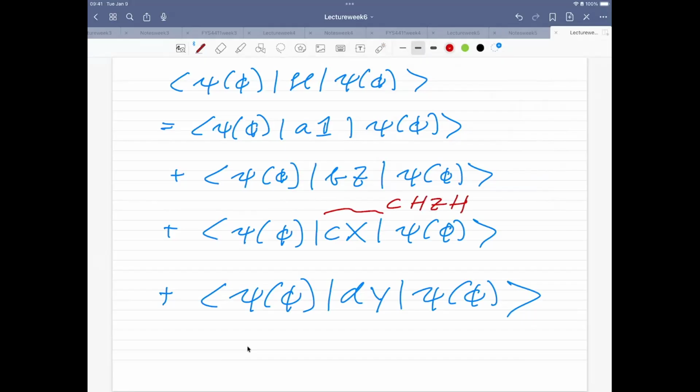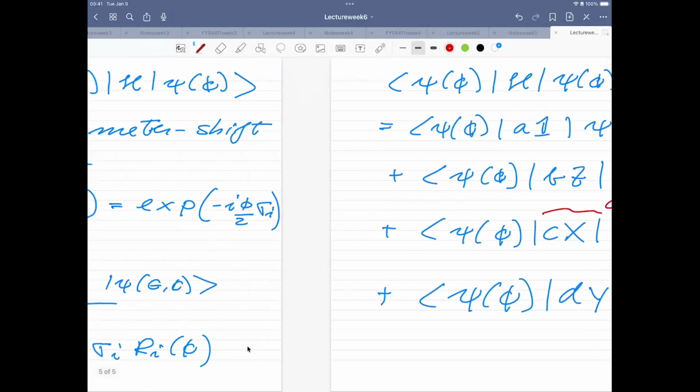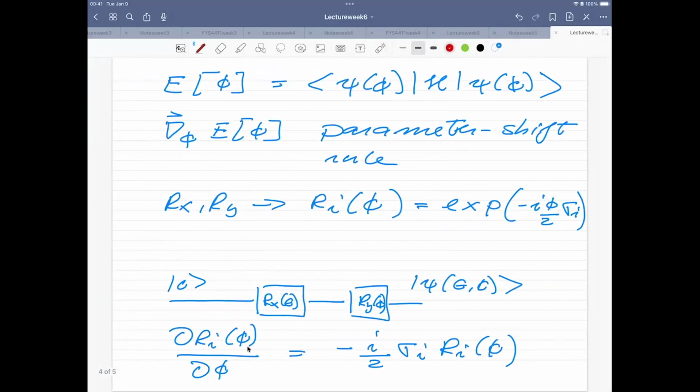So what happens then is that if you look at this circuit which we are dealing with, we need to modify the circuit. So we will have one circuit for every component of the Hamiltonian matrix. So that means that for the circuit which contains the Pauli X, we would actually need to add a Hadamard here.